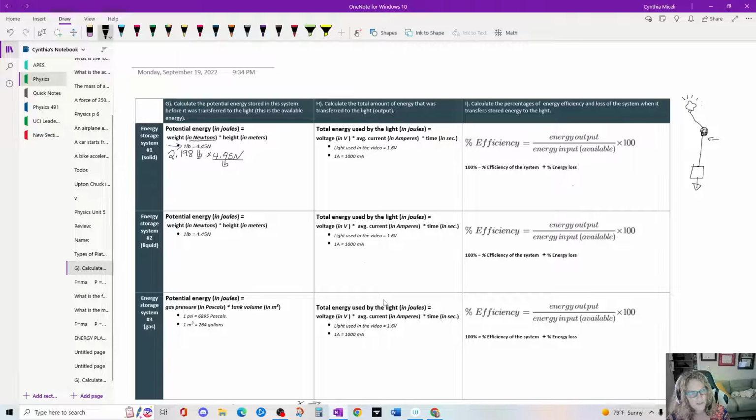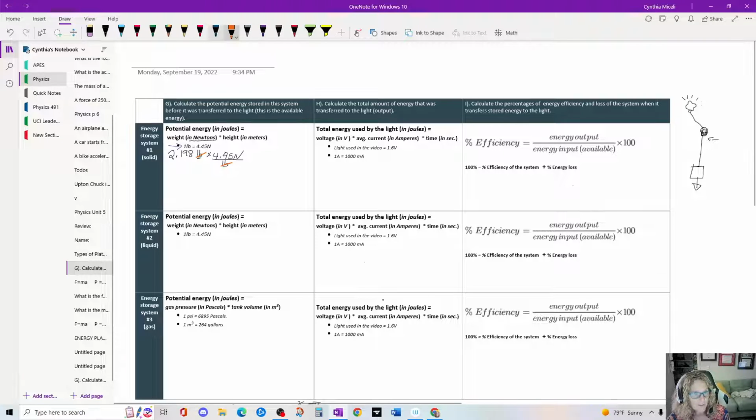And in class we talked about if there's something on top and something on the bottom and they're the same, we can cancel them out, just like if it was two numbers. So we're going to cancel out these pounds because I have pounds on the top from my weight and the conversion factor, there's 4.45 newtons per pound.